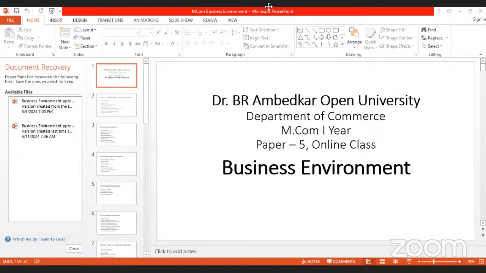Well, in yesterday's class, we discussed block 3. So, here is a quick review of block 3. Under this block, we have studied various units. The first unit was on industrial policy. Then, Unit 13, New Industrial Policy 1991.